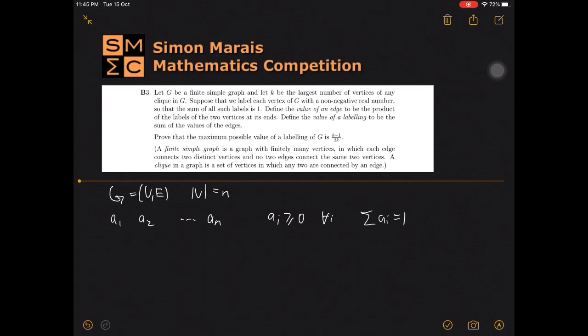Now define the value of an edge to be the product of the labels of the two vertices at its ends. So if e is inside the set of edges which has the two endpoints a1 and a2, we have the value of e equal to a1 times a2.